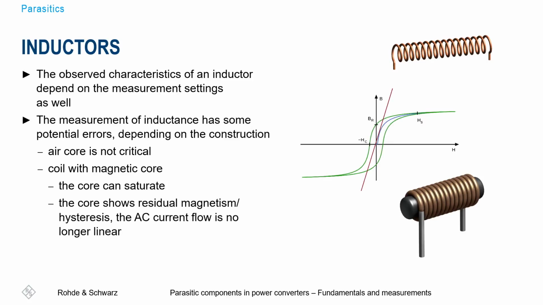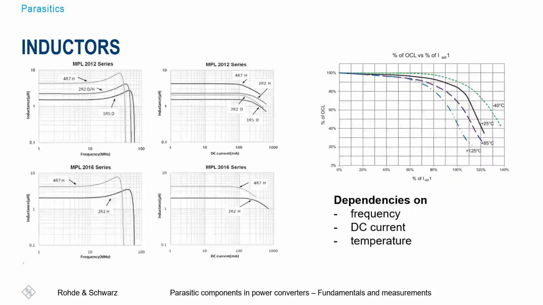The core shows residual magnetism or hysteresis, and the AC current flow is no longer linear. So it's really important to consider this and to know these differences between the different types of inductors. Then it depends as well on frequency, on the DC current, and on the temperature. And here, for example, we have 2 series of inductors.